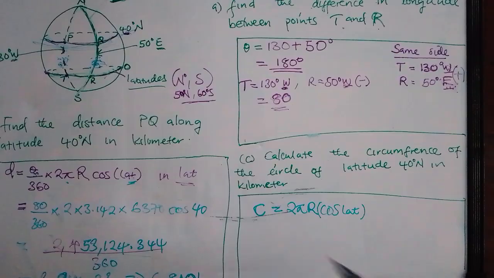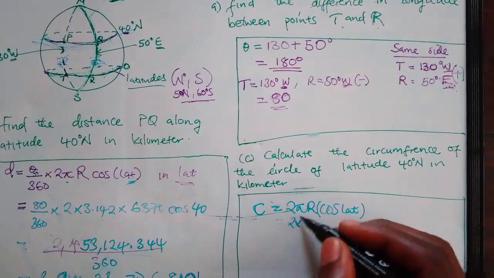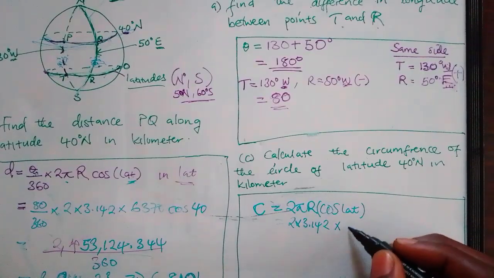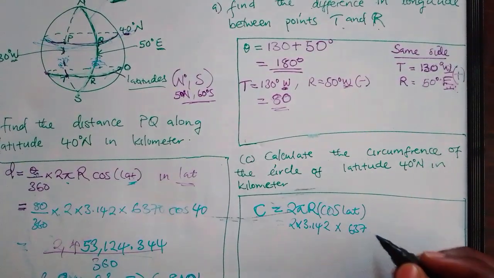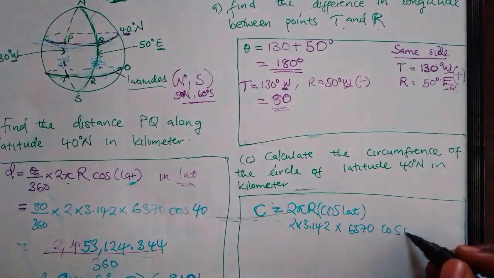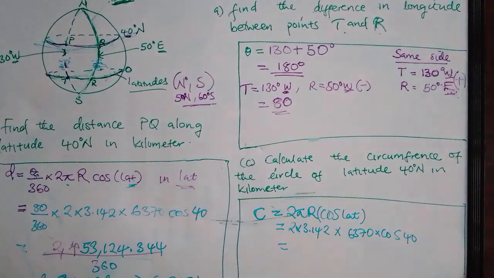So we know that 2 is just 2. Then we have the pi, which is 3.142. Then we have the r, which is 63.70. Then we have our latitude, which is cos 40 degrees. So now here you just multiply, and I've shown how to multiply.